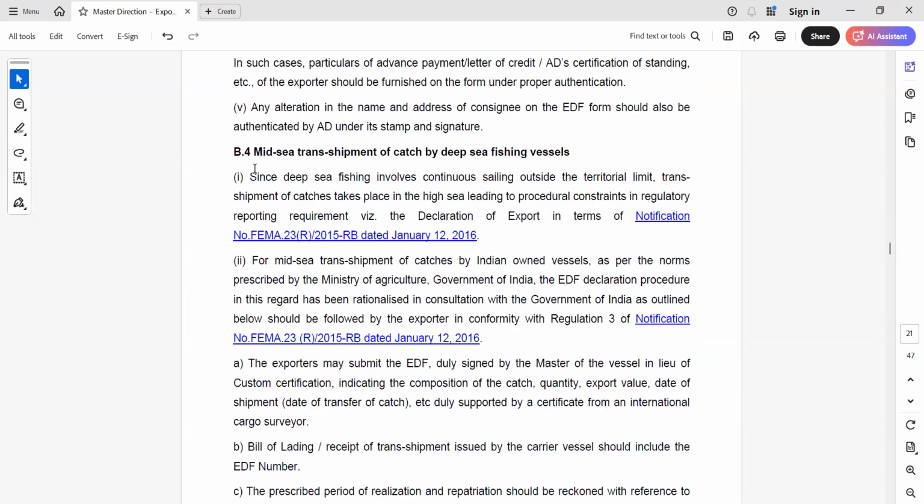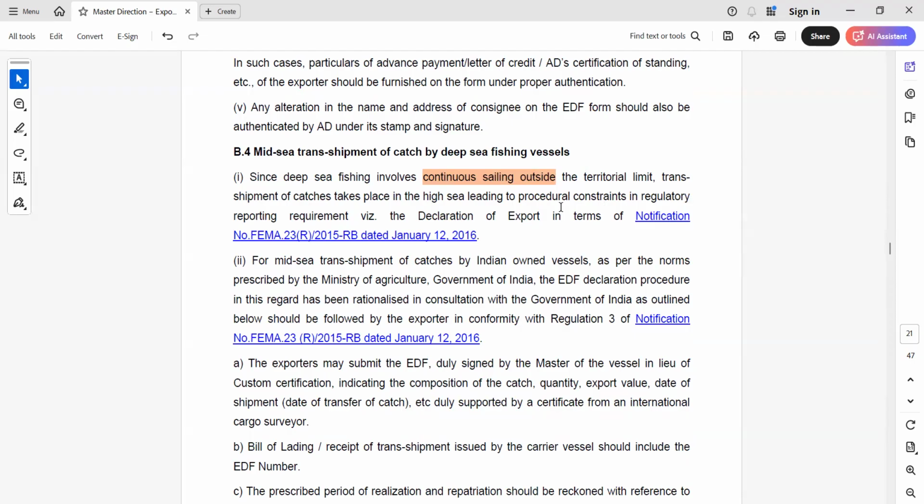So next is mid-sea transshipment of catch by deep sea fishing vessels. This is not that important, but we can discuss the main point. Since deep sea fishing involves continuous sailing outside the territorial limit, transshipment of catches takes place in high seas, leading to procedural constraints in regulatory reporting.